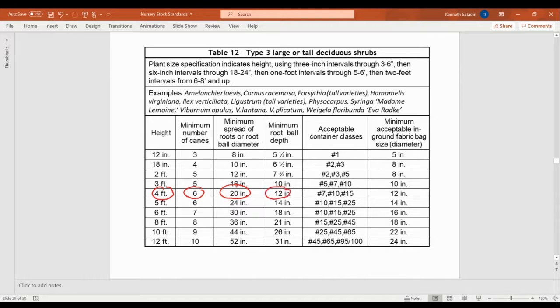If you were going to grow it in a container to the 4-foot grade, you probably would want to use a number 7, a number 10, or a number 15 container. And if you were using an in-ground fabric bag, that bag should have a minimum diameter of 12 inches.